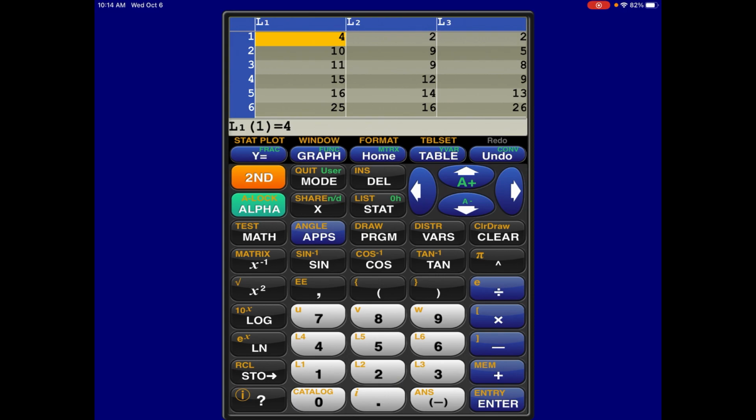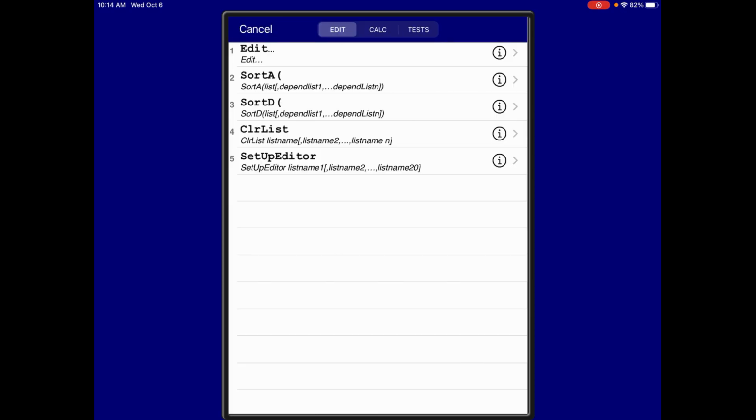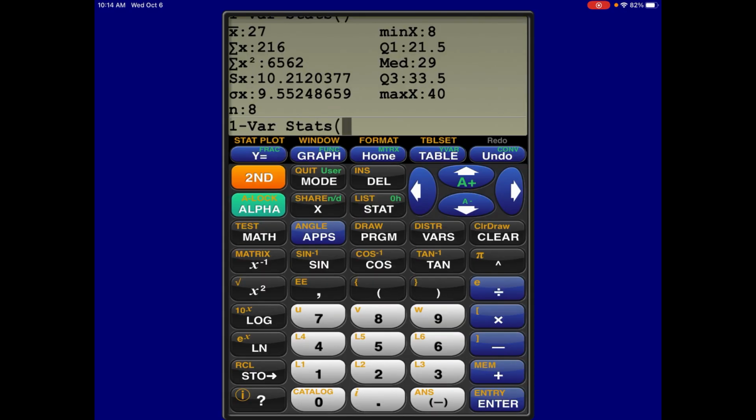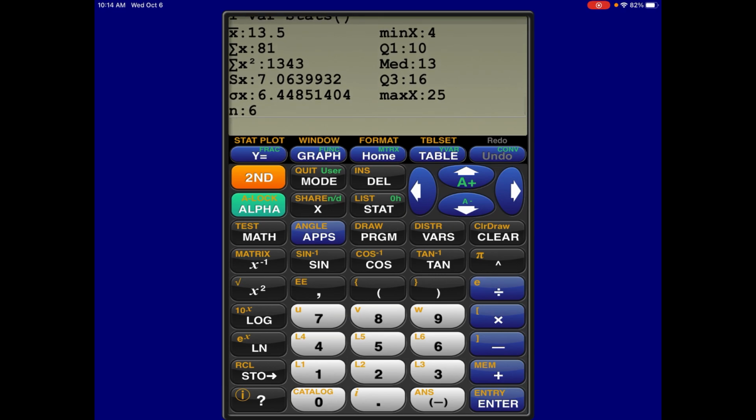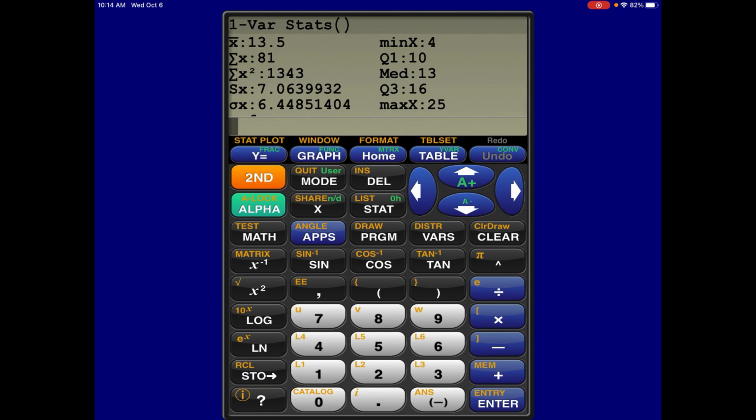You can press pause and do that. So I'm going to do stat, calculate 1-var stats. Remember, the default is list 1. So here, I'm going to take a picture so I have that, because it already figured out the Q3 and Q1 for me.